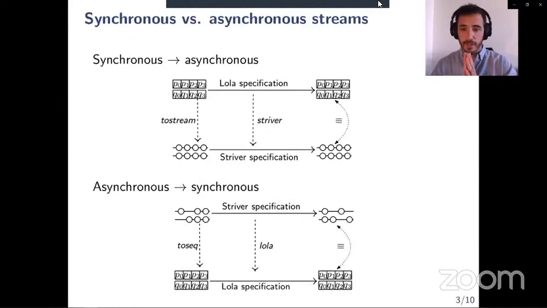And the other way is analogous. It says that we can take a Striver specification, apply a function Lola to it to obtain a Lola specification, and we can translate the input asynchronous streams to input synchronous streams using the toSec function, compute on both sides, and obtain equivalent sets of synchronous and asynchronous streams.